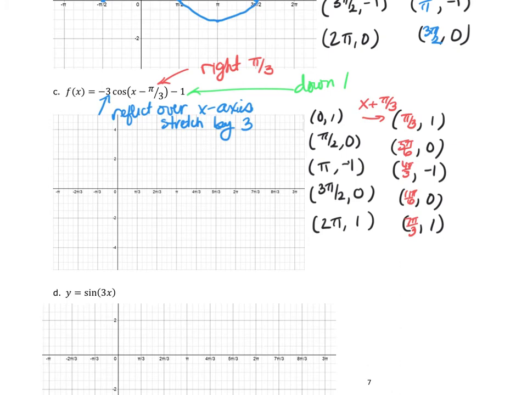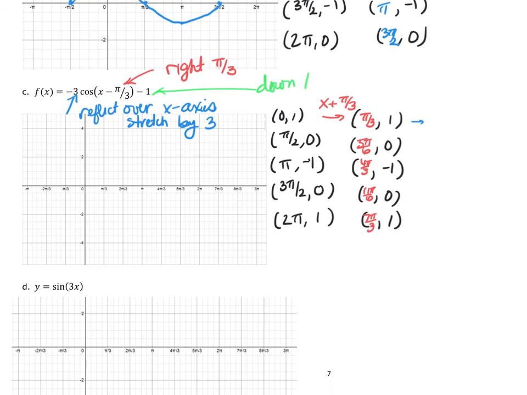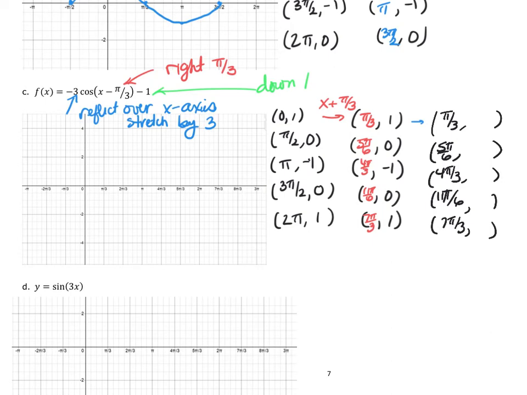I also need to take all of my y values now and multiply them by negative 3. Now that my inputs, pi thirds, 5 pi over 6, 4 pi over 3, 11 pi over 6, and 7 pi over 3 are set, we are going to multiply all of my y's by negative 3.